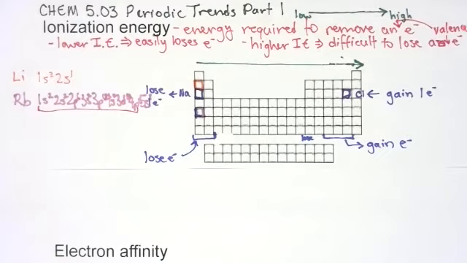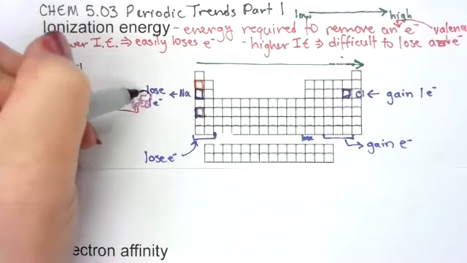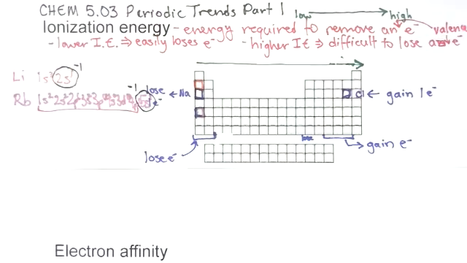Well, to understand the trend from top to bottom, we have to look at the attraction. So I'm going to circle my valence electron. I have one valence electron here, which has a -1 charge, and one valence electron here, also a -1 charge. And then in the nucleus, I have a positive charge.